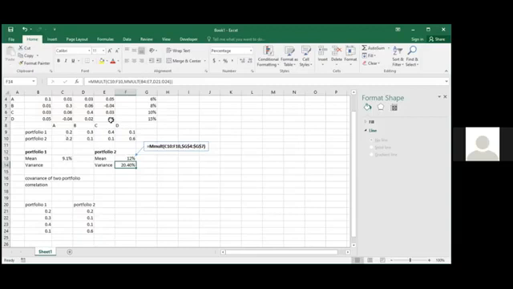Multiplied by, again, MMULT here, B4 to E7, this matrix, B4 to E7, multiplied by the column wise portfolio proportions. This part, D21 to D24.